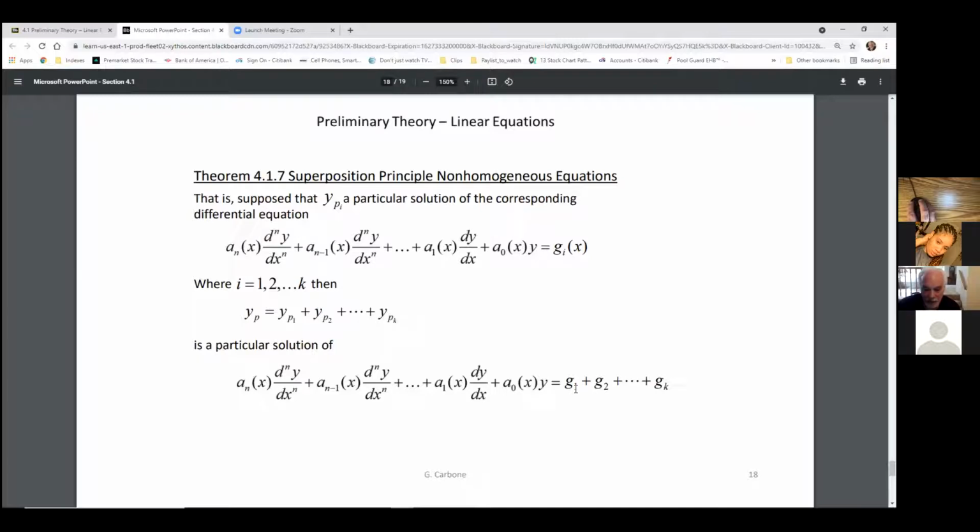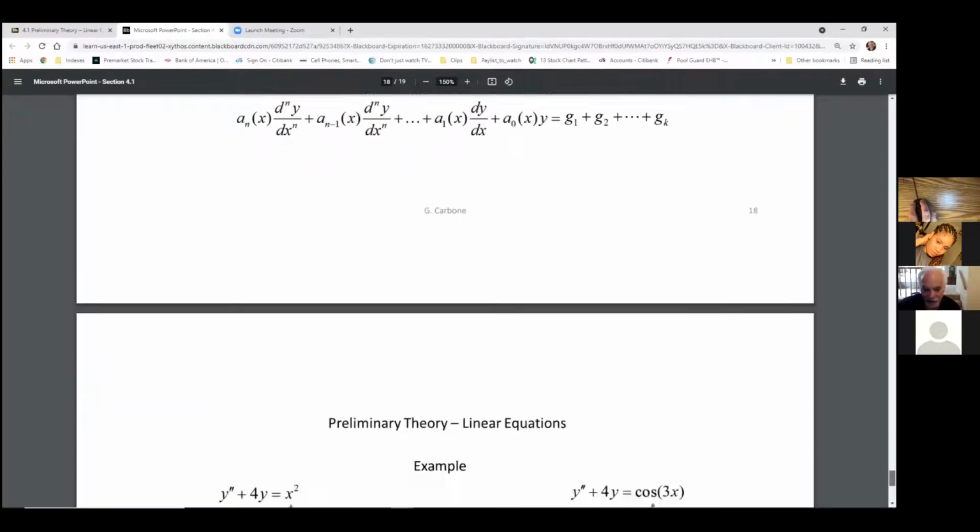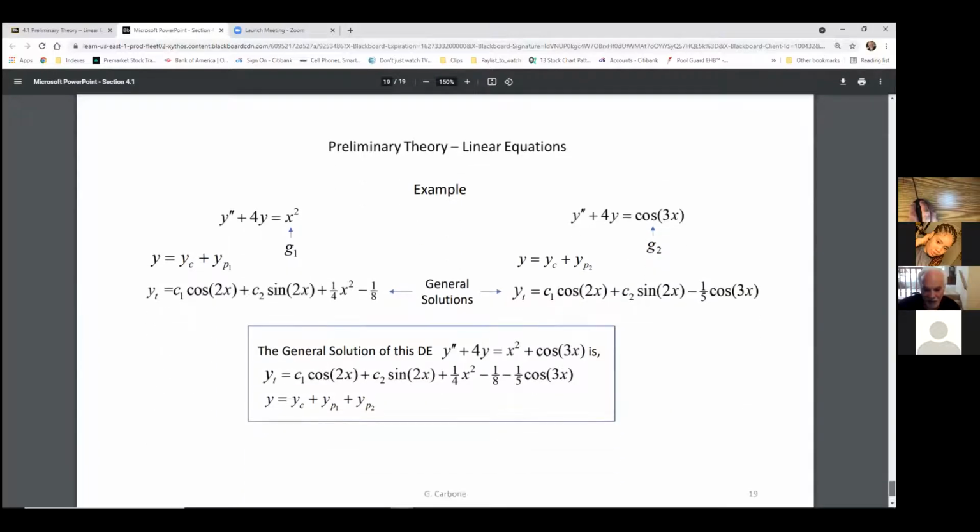Like here, I have G1, G2, up to GK, then I can have particular solutions P1, P2, up to PK. When we do problems, this will become clearer. Like I said, it sounds a lot more complicated than it is. Understand what I'm trying to do here, and you've got it.